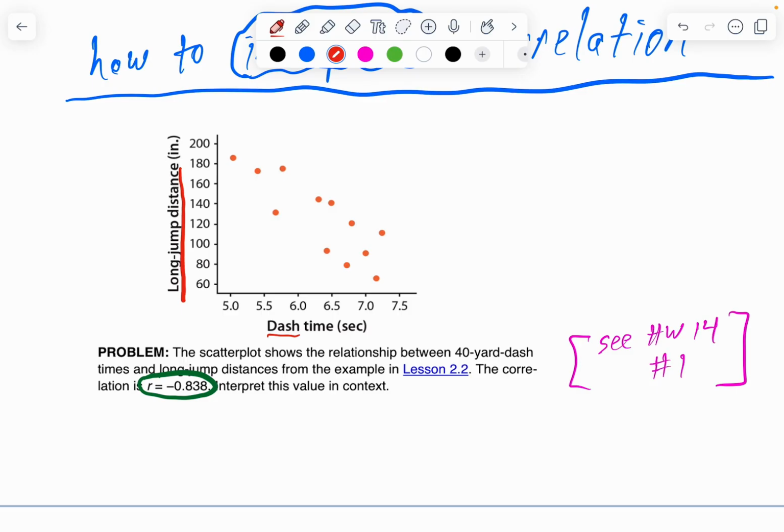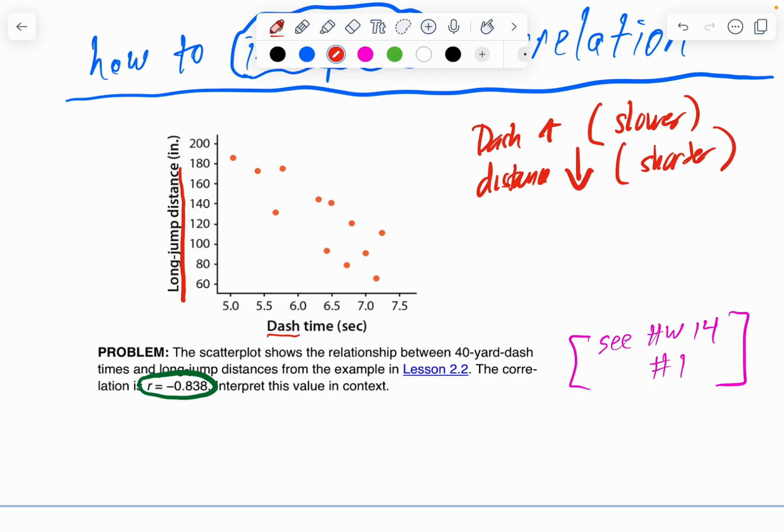What the relationship here says is as the dash time gets bigger, which means the person is slower in the 40-yard dash, their long jump distance is going down. That means they're jumping a shorter distance. And that seems to make sense to me: the slower the person, the shorter they'll jump because they're less athletic, you could argue.